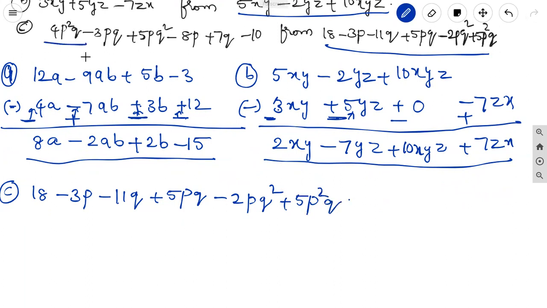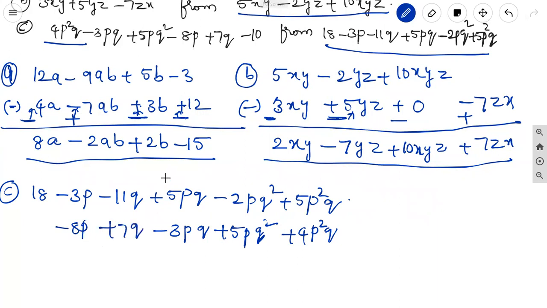First one is 4p square q, it is plus 4p square q. Next, minus 3pq. Next, plus 5pq square. Minus 8p. Here minus 8p plus 7q minus 10.